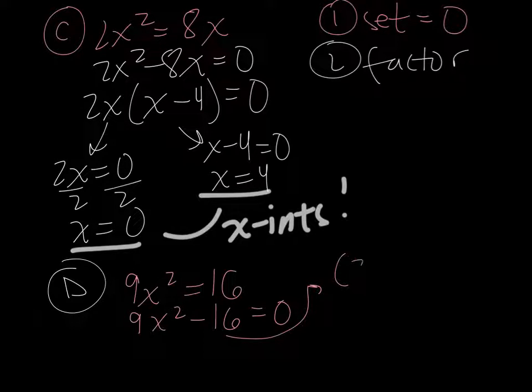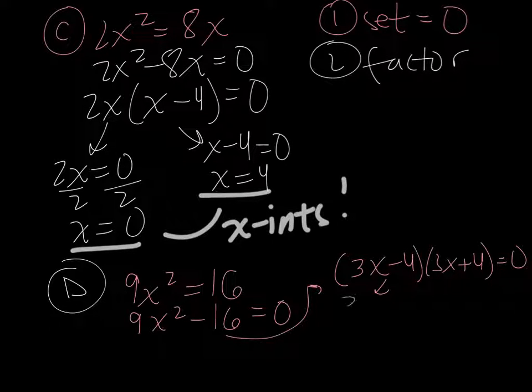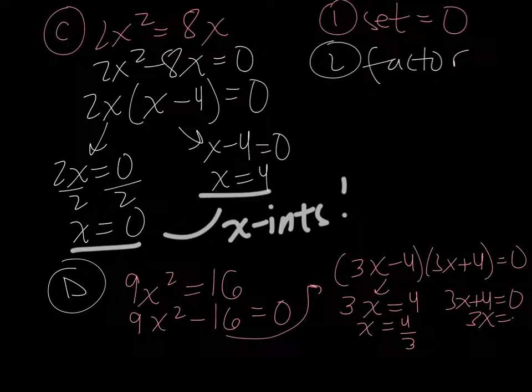So that becomes 3x minus 4, 3x plus 4 equals 0, and you set both of them equal to 0, so you get 3x equals 4. x equals 4 over 3, or 3x plus 4 equals 0, 3x equals negative 4, x equals negative 4 over 3. The first step here, which I didn't write, was 3x minus 4 equals 0, and then I just added 4. So that's how you would solve a difference of squares. Really pretty simple.